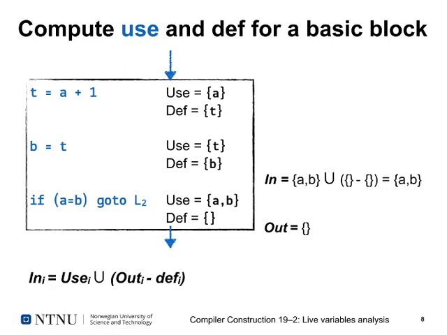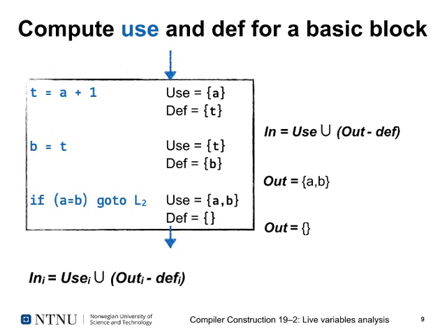Now we can go backwards through the instructions in our basic block to look at the next instruction before the if. So we know out was A B, so given the out and the information we obtained about this instruction, use and def, we can again apply our formula and replace the variables by the concrete values we've determined already.